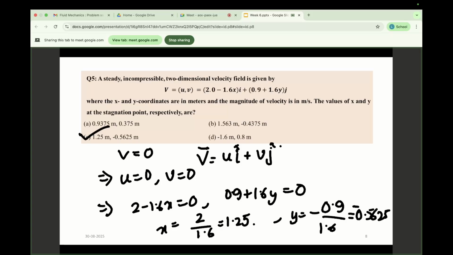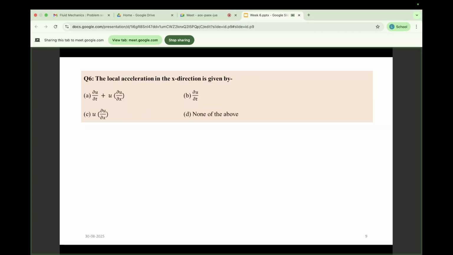So I am moving to the next one. I think it is clear. This next question is a theoretical question where it is asked that the local acceleration in the x direction is given by, among these four options, you have to choose. So I am giving you 1 more minute.